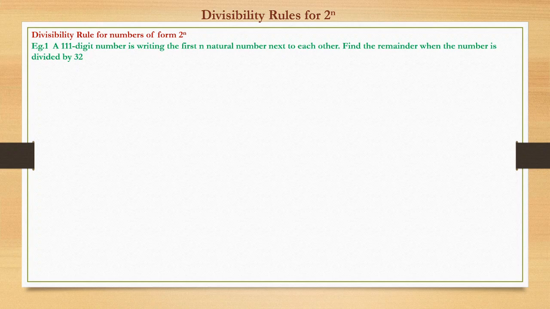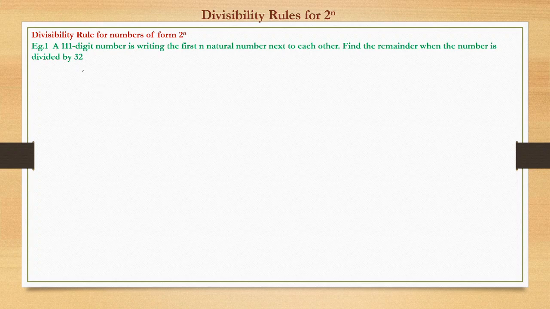Now one illustration: if a one digit number is written, the first n natural numbers next to each other, find the remainder when the number is divided by 32. Again, this is a very good question.